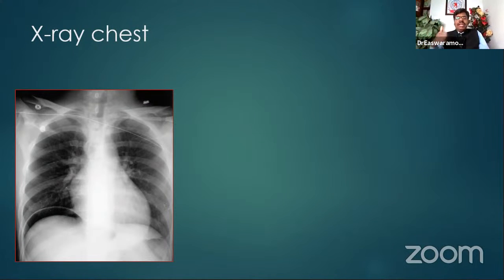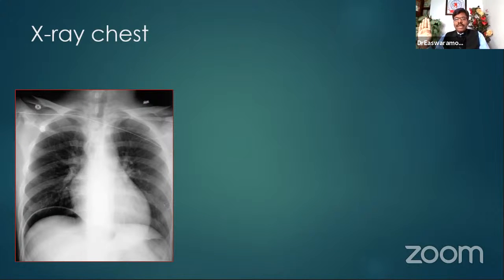But a better way, what we do nowadays, is to do a CT scan. Because even 1 ml of extraluminal air, if you want to diagnose it, the best investigation in this country or anywhere for that matter is CT scan. So if they give an MCQ, the best investigation to see extraluminal gas in the abdomen, watch my word, extraluminal gas, the best investigation: X-ray chest, CT scan, MRI, ultrasound.